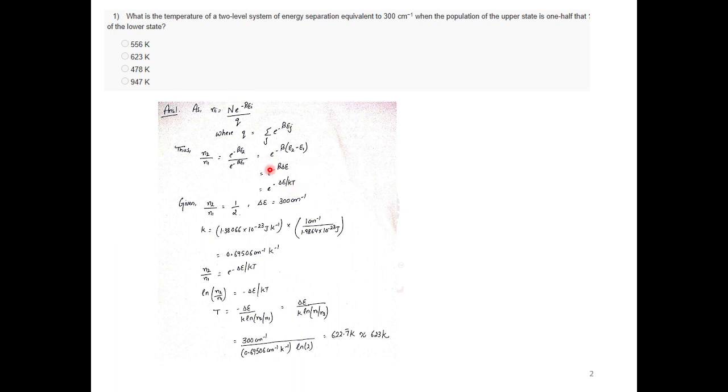Delta E is the energy difference, that is 300 centimeter inverse. N2 by N1 is 1 by 2, so that is 0.5.